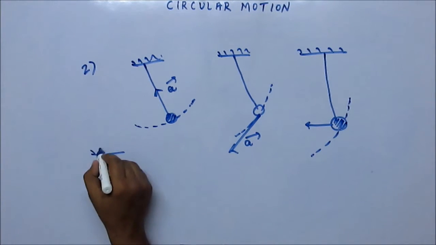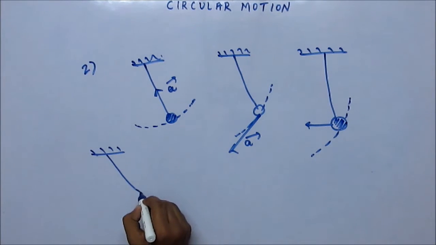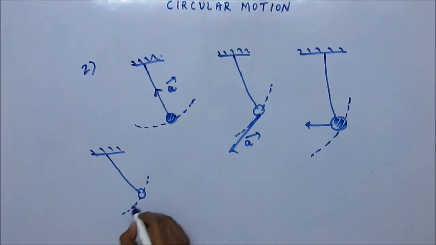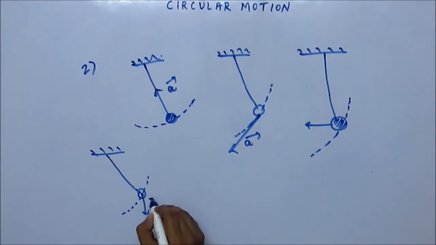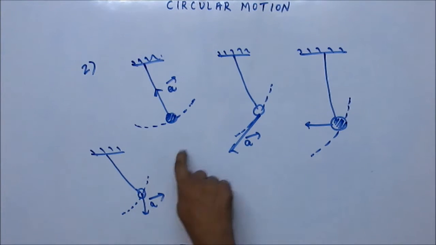And suppose in the fourth case, acceleration direction is this. So which of the following can be the best description of the direction of acceleration at the given moment? A, B, C, D.